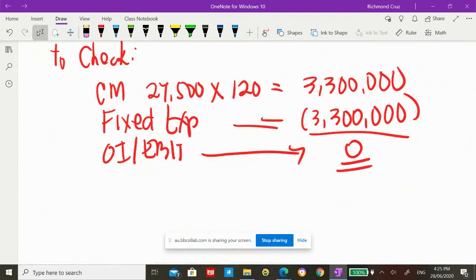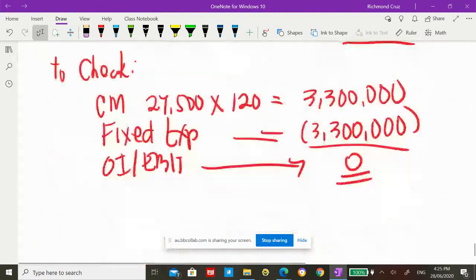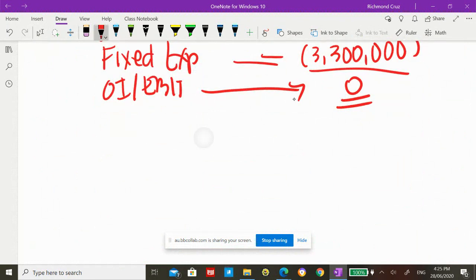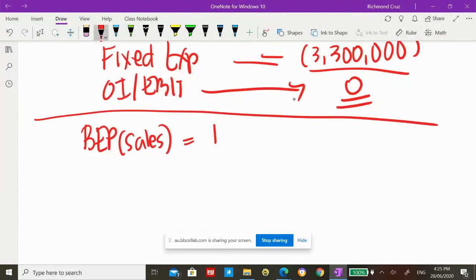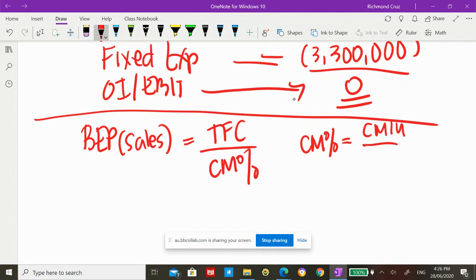So aside from the break-even point in units, sinisingil rin sa atin yung break-even point in sales or in amount. Ang formula naman nito, this is total fixed cost, i-divide ko ng CM percentage. Yung CM ratio natin in this problem will be yung CM per unit divided by selling price, na naka per unit syempre.